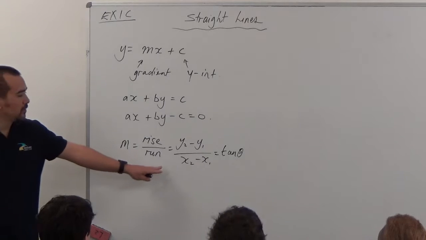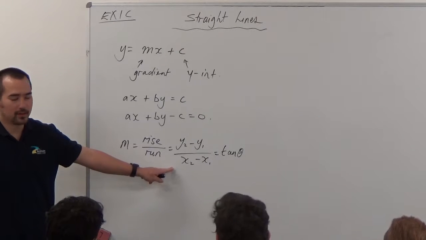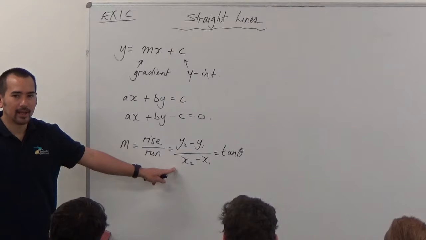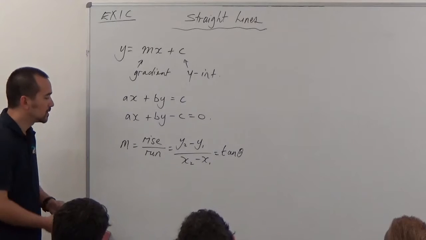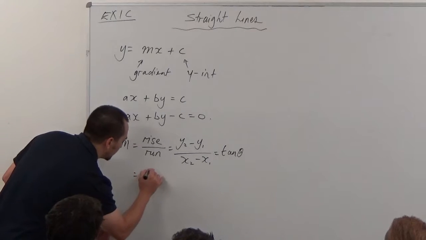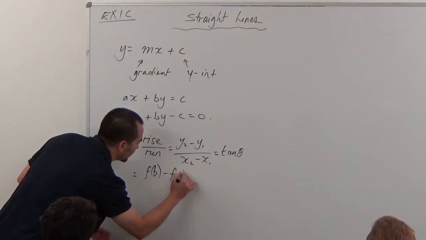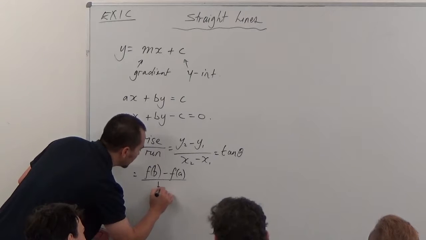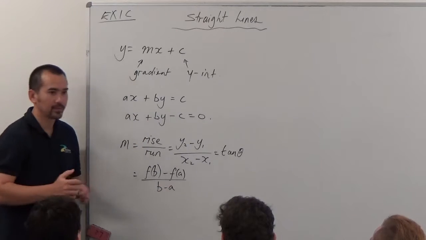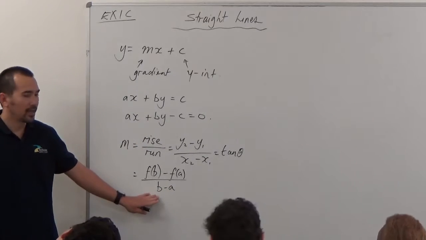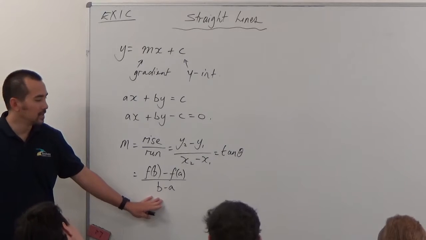Now there is a variation on this one right here. And when we start applying functions, it's the function of b take away the function of a divided by b take a. Alright. Now that is the same as that.